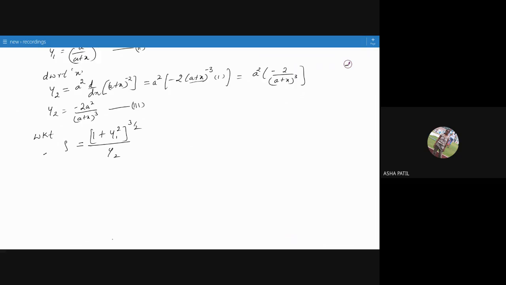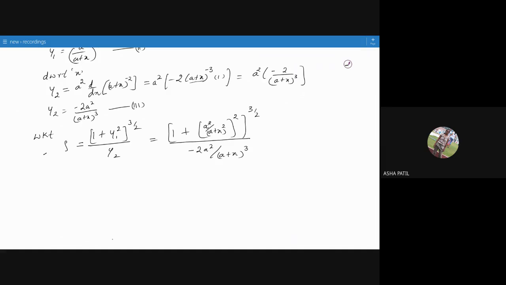Let us substitute y1 and y2. It is 1 + y1 square, that is a⁴ divided by (a + x) whole square, it's the square again because we want y1 square, raised to 3/2 whole divided by y2. Value of y2 is −2a² divided by (a + x) whole cube.